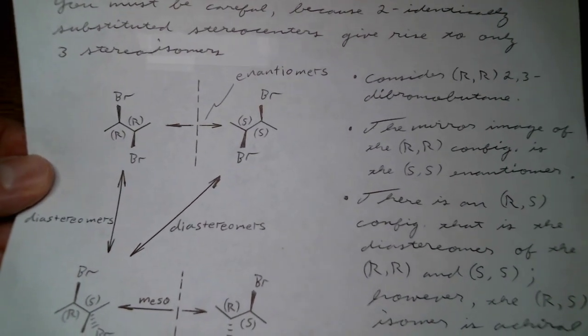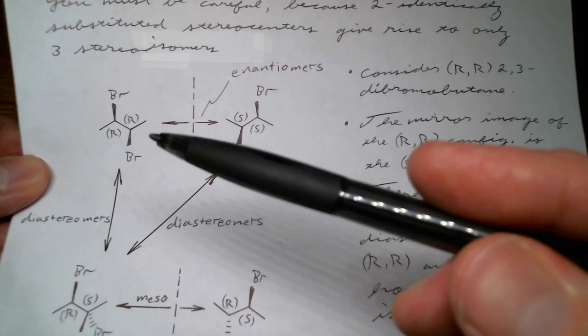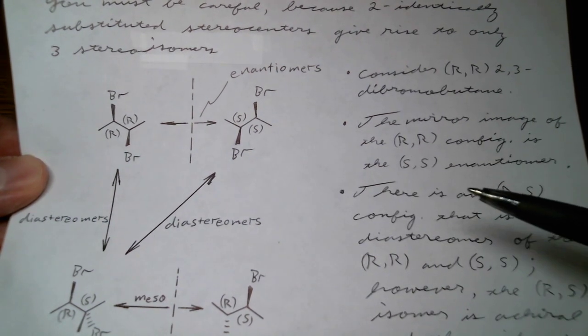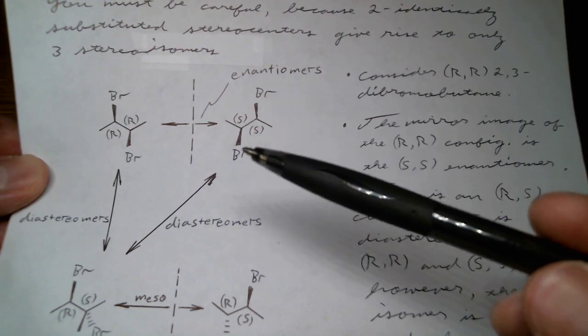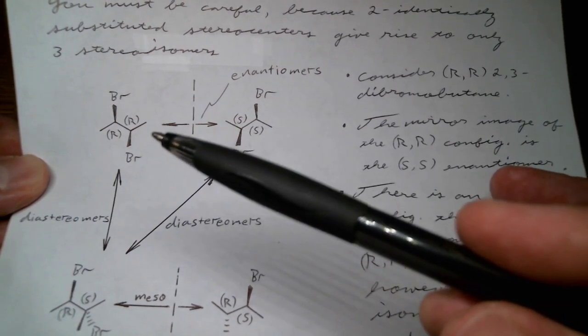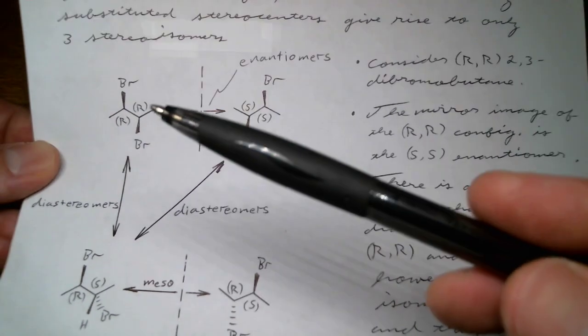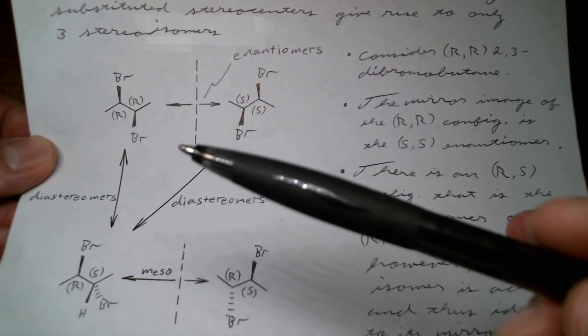So let's consider RR 2,3-dibromobutane, this molecule. The mirror image of the RR configuration is the SS enantiomer. So we know that this is the enantiomer. These are not identical molecules. They're non-superimposable mirror images. If you have an RR configuration, you could also have an RS configuration.